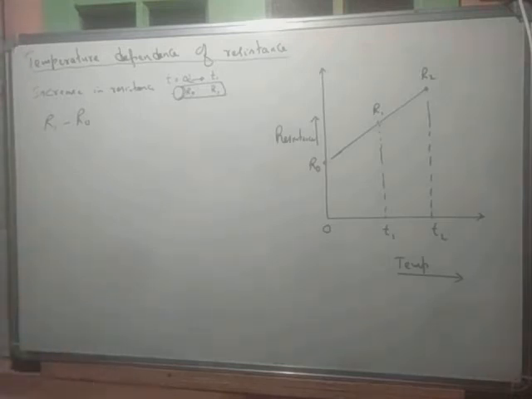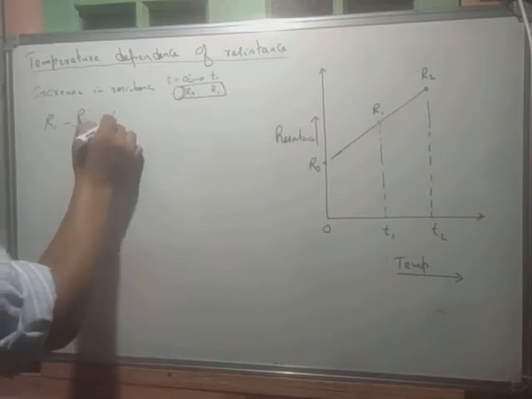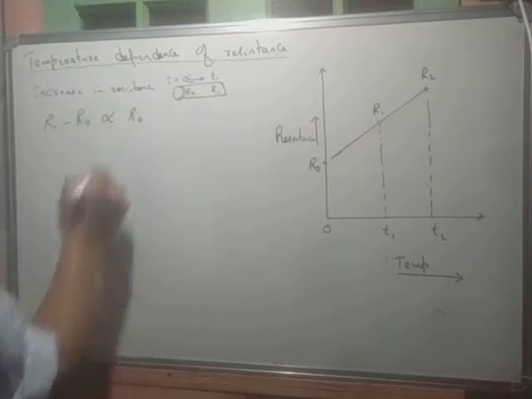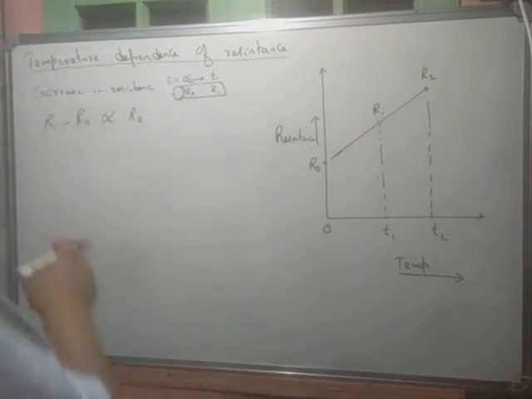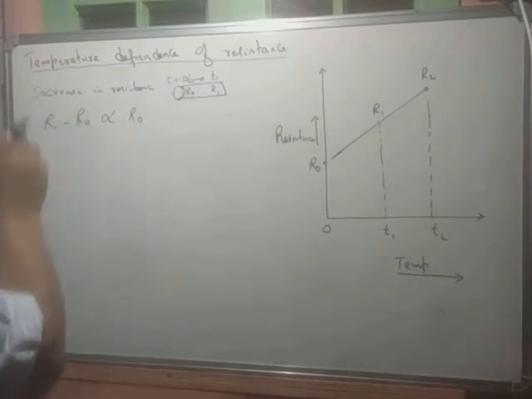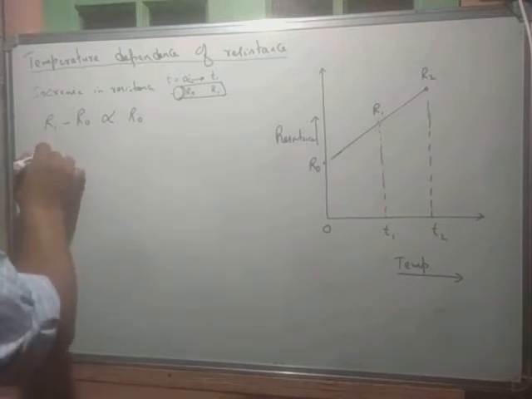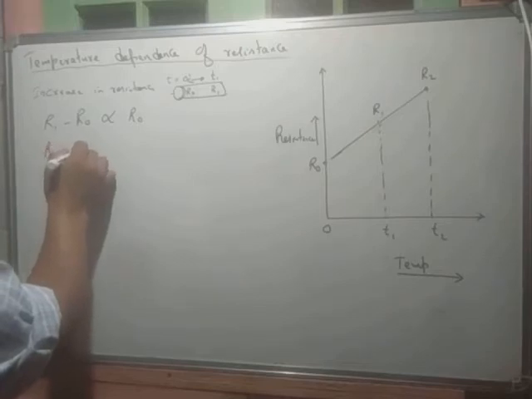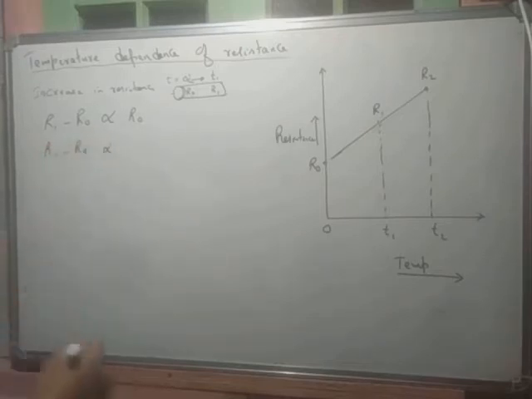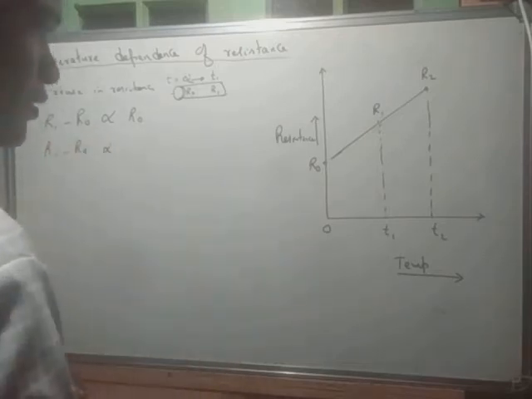And they have found here that this increase in resistance is directly proportional to the original resistance of the conductor. That means R1 minus R0 is directly proportional to R0. Also, this increase in resistance, that is R1 minus R0, is directly proportional to the rise in temperature.